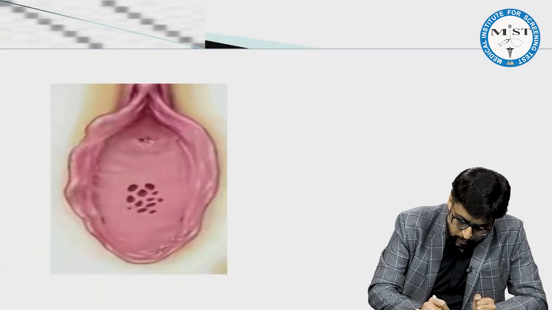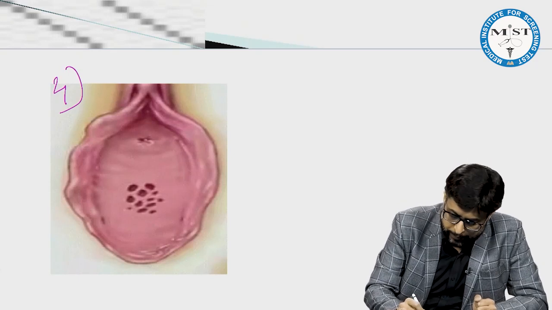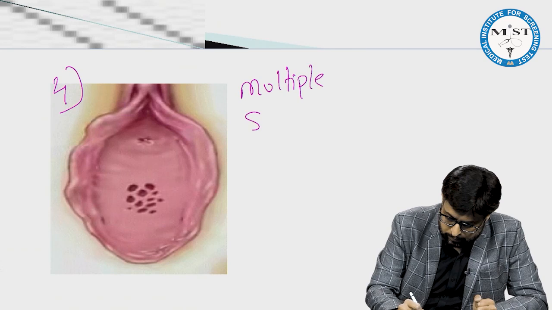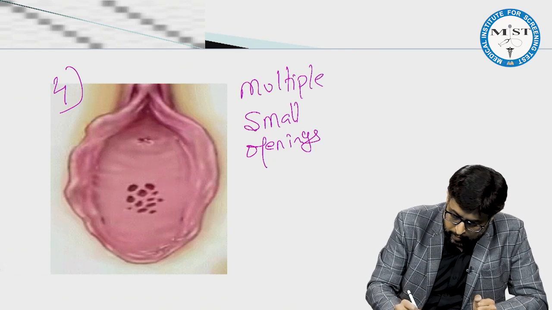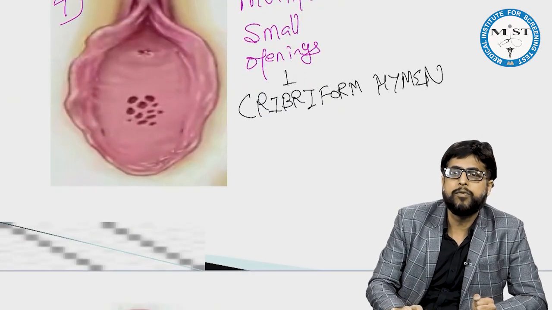Number 4, if you can see here, multiple small openings. This is cribriform hymen.